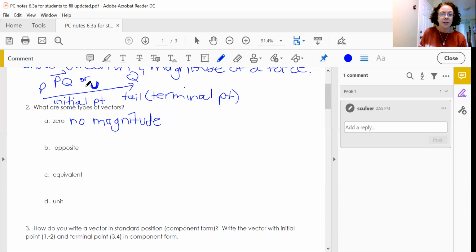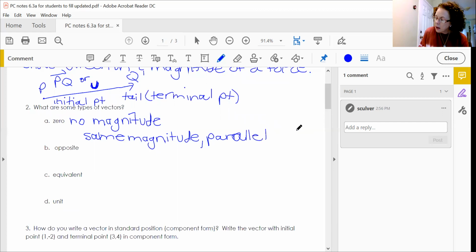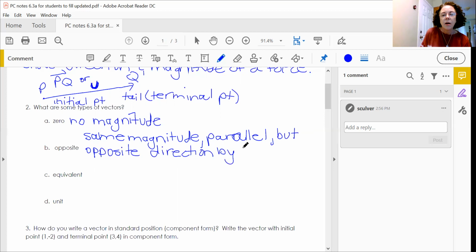Now, opposite vectors have the same magnitude, they are parallel when drawn, but opposite directions by 180 degrees. So they are not equivalent.